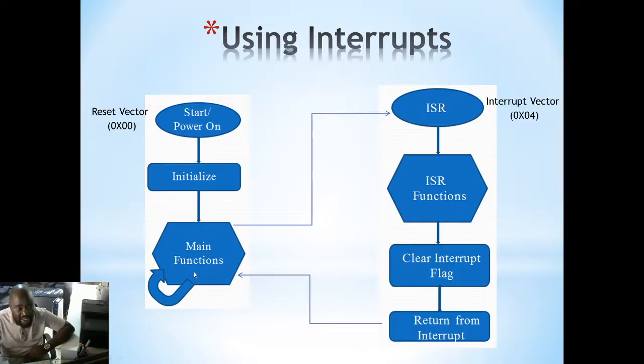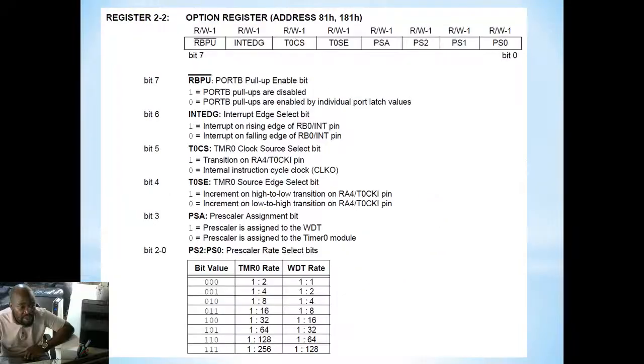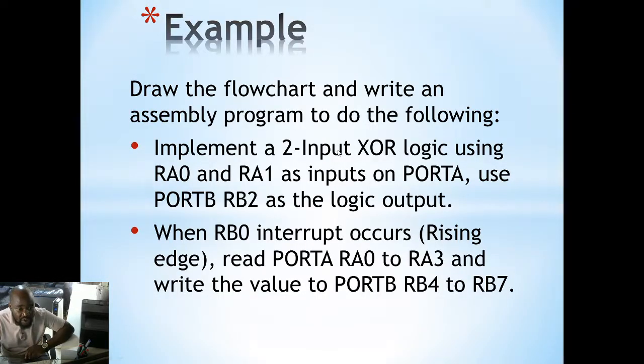Our main function is to implement a 2-input exclusive OR logic gate, right? And now we will only leave this when an interrupt takes place, because we have enabled the RB0 interrupt at initialize. So now we need to implement our 2-input logic gate as it is stated here: 2-input exclusive OR logic using RA0 and RA1 as inputs and B2 as an output. We go and do that.